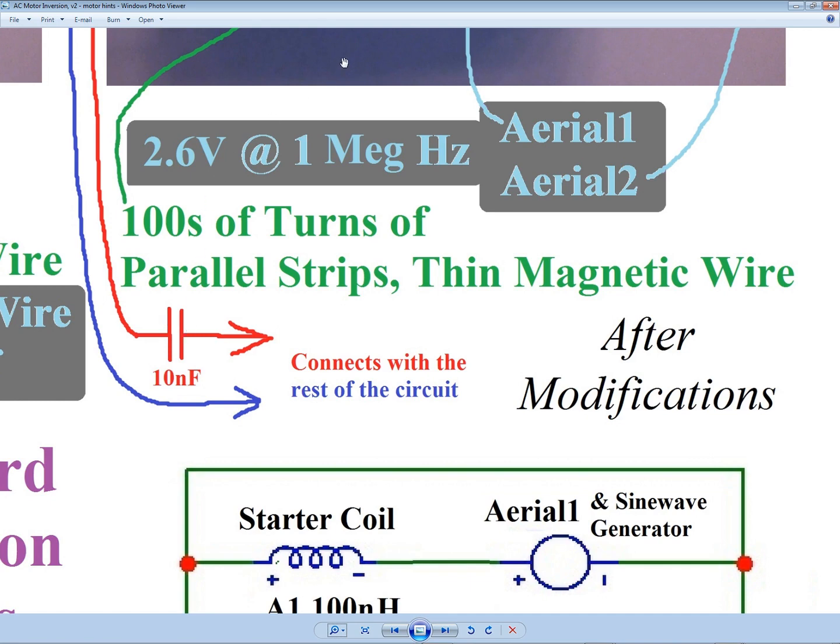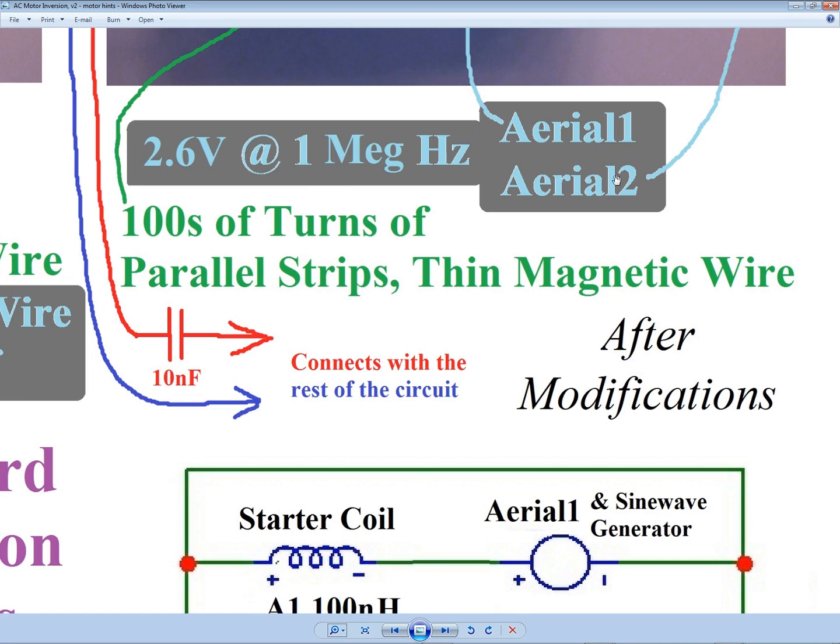So that's it. You've got the motor, the AC motor that you're modifying, and you put in 2 sine wave generators, 2 voltage sources of very low DC voltage. Very low DC voltage, because the sine wave generator is going to put out the AC sine wave that you normally would have gotten from the grid when you plug into your outlet. But you create your own, at 1 megahertz, putting out 2.6 volts.